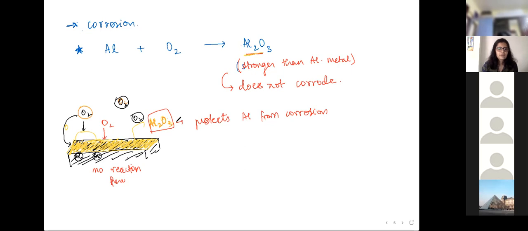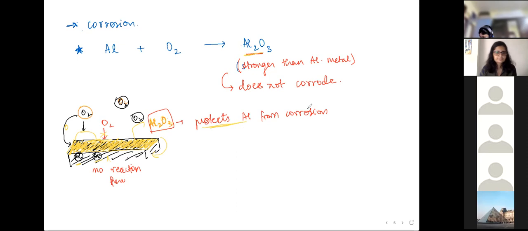So the layer of aluminium oxide protects the inside aluminium molecules from reacting. Even though the oxygen is hitting this, what it comes across is the oxide layer first, so it can't get to the aluminium molecules inside the block. That is how the oxide layer protects aluminium from further corrosion. It's not breaking down like iron and other things.